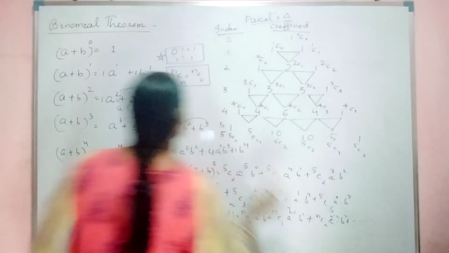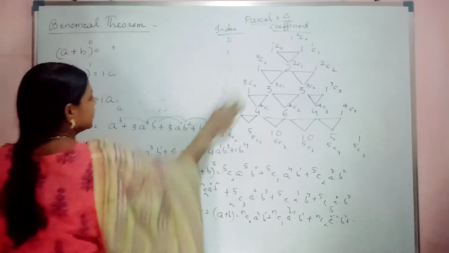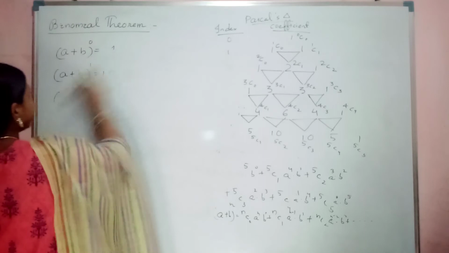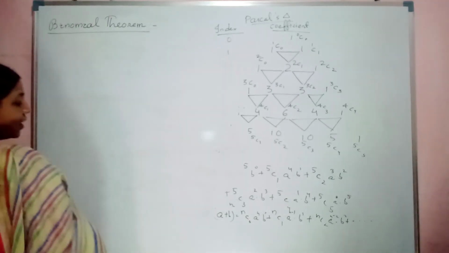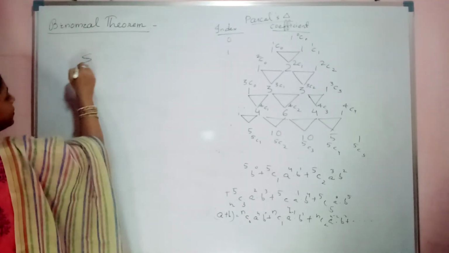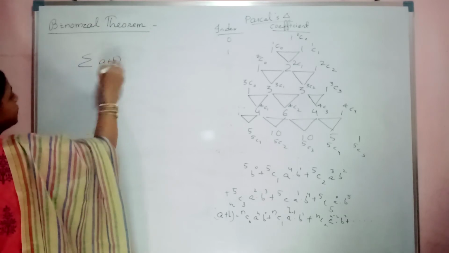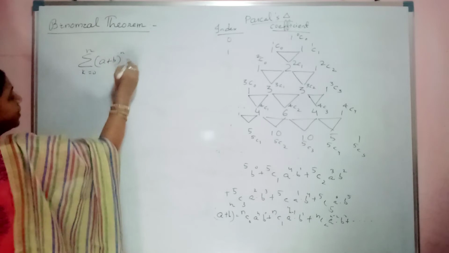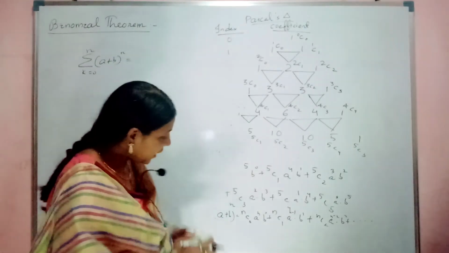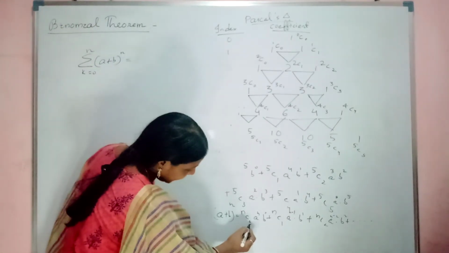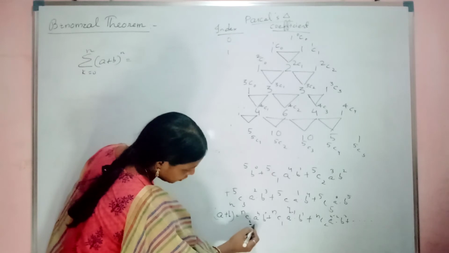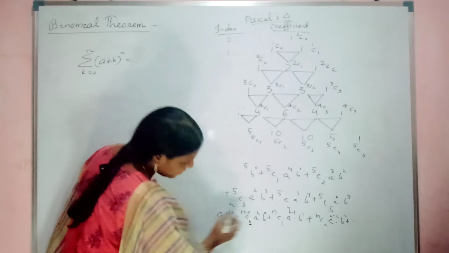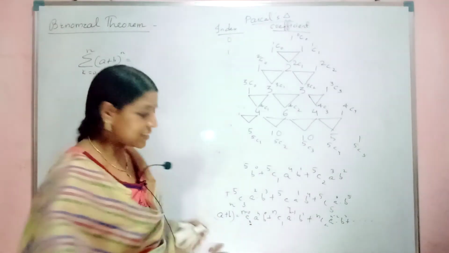So in generalized form, we write the same (a plus b) to the power n as a summation, k equal to 0 to n. Now you can check here, this k I can assume as 0 initially. So this is 0. Can I write it as n minus 0? n is n minus 0, both are correct.